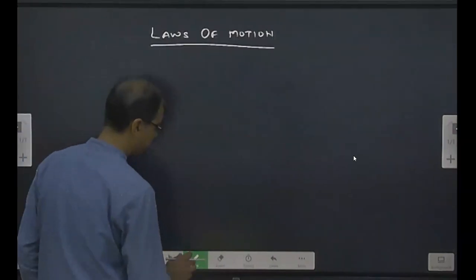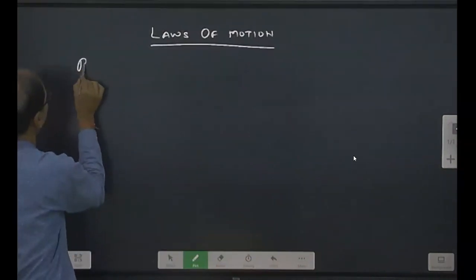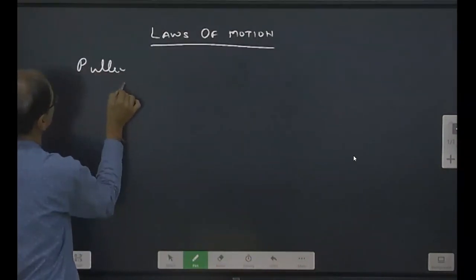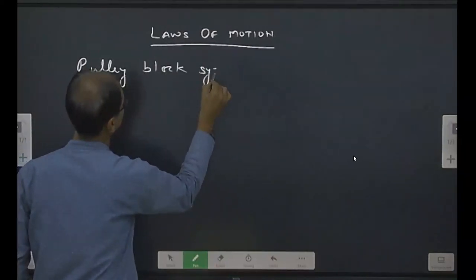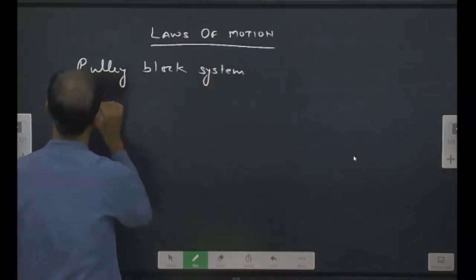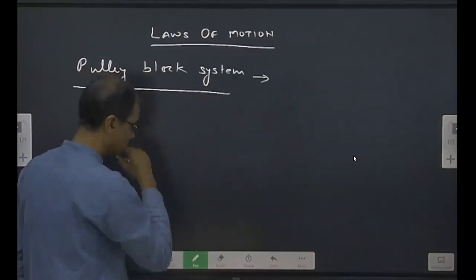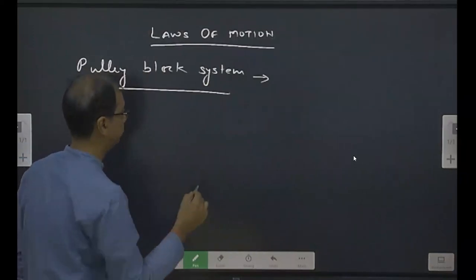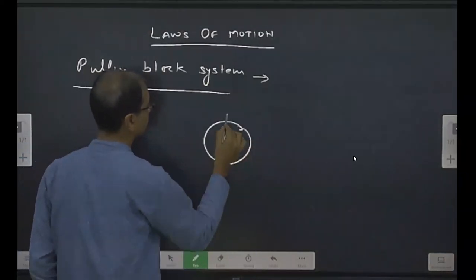So now with the pulley, we call it a pulley block system. So this is the pulley here and it's fixed.